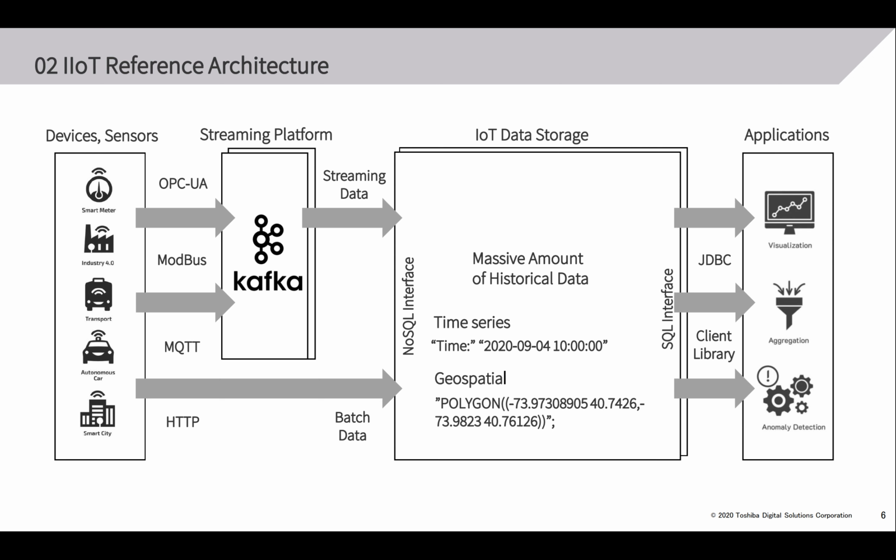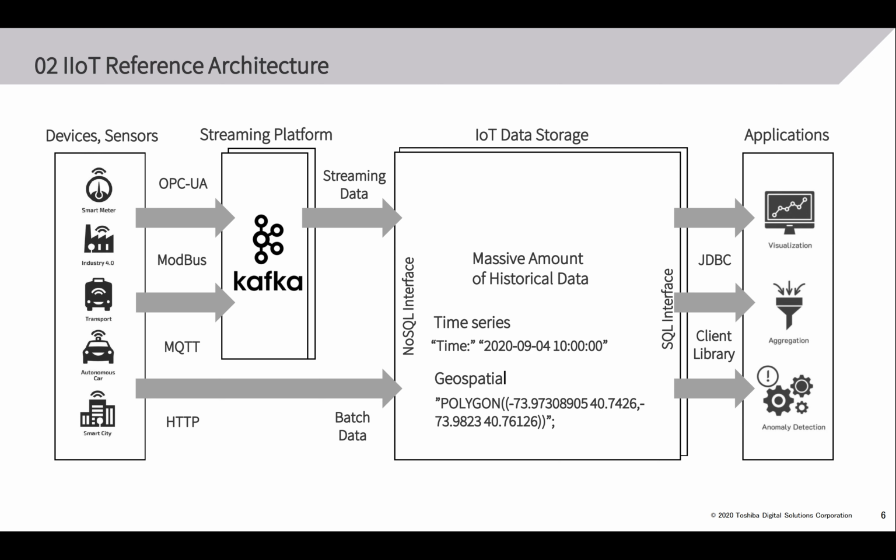Now, this data then gets transmitted through different communication protocols, whether you'd like to use the standard OPC UA, for example, or the reliable Modbus, or even the much more modern and lightweight MQTT, or just even a simple HTTP, depending on your preferences.